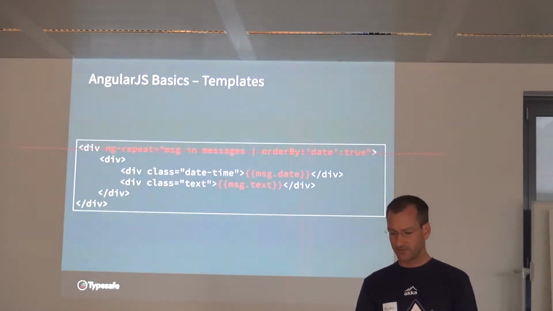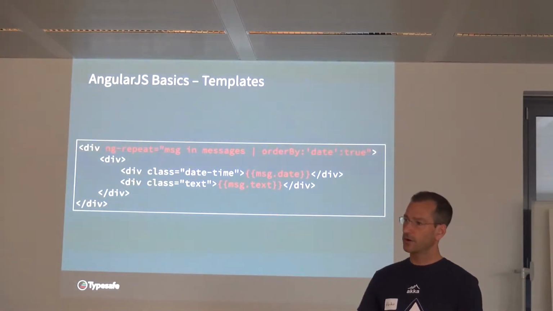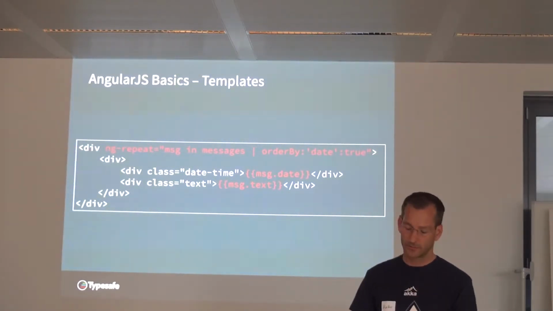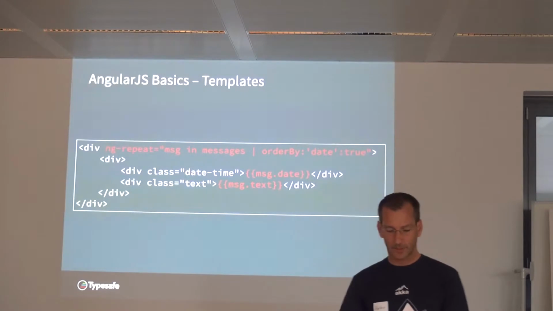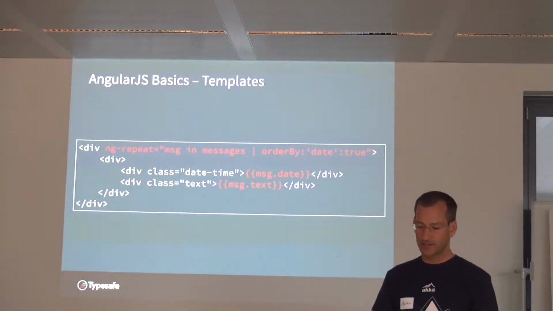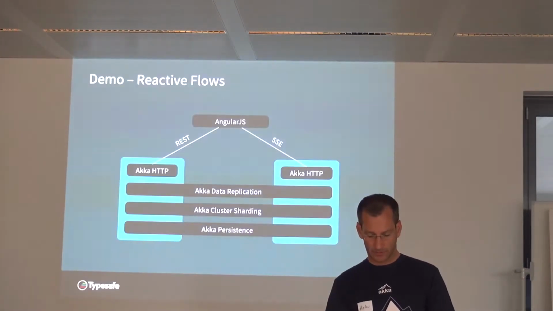And then there is something called a filter, so you want to order that iteration by the date property, and this true just says reverse the order, so descending, not ascending. And then within that iteration, you have divs that just extract from that message, it's the iteration variable, the date and the text.